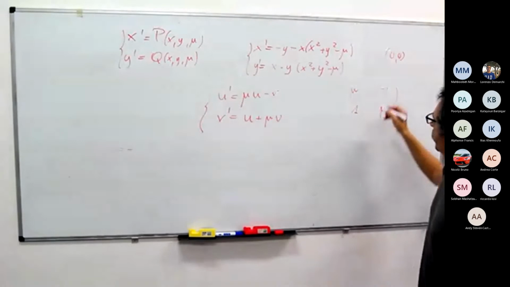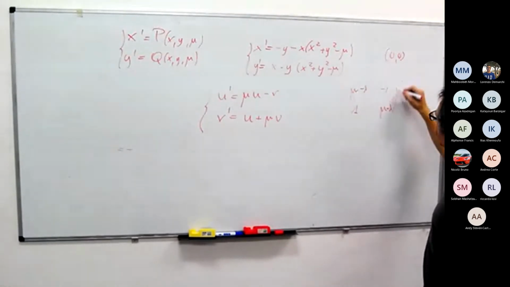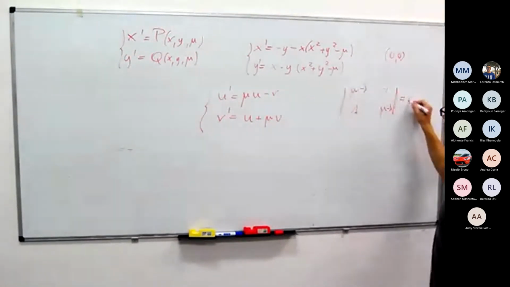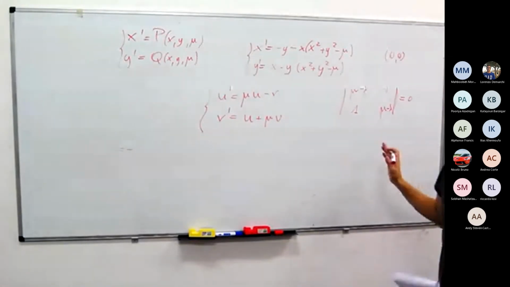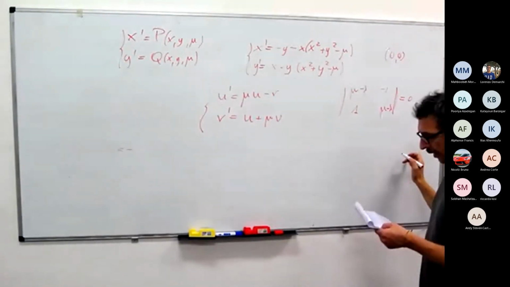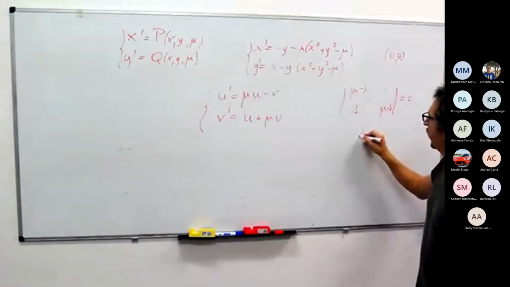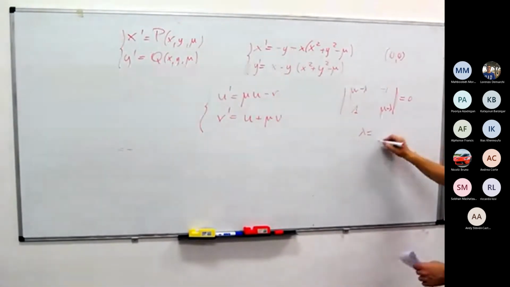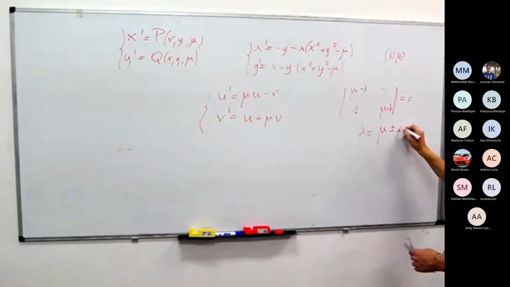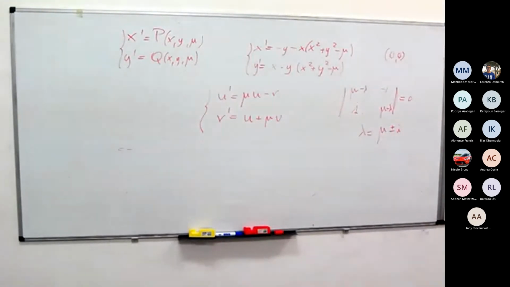What are the eigenvalues? They're given from the determinant of the matrix equal to 0. You can do the calculation. What you find is that the two values of lambda are mu plus minus i.